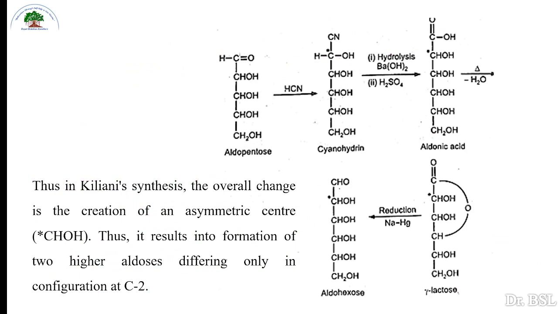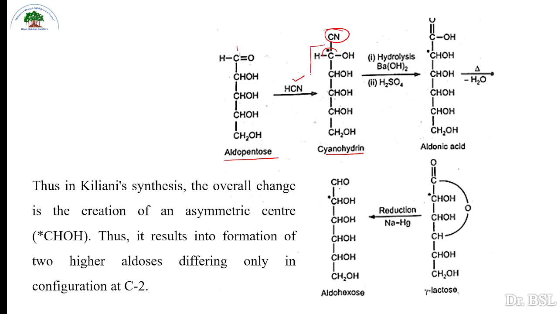So this is the reaction sequence. First, we start with aldopentose. On reaction with HCN, formation of cyanohydrin takes place, and here one carbon is added. This is the carbon which is introduced in the molecule.